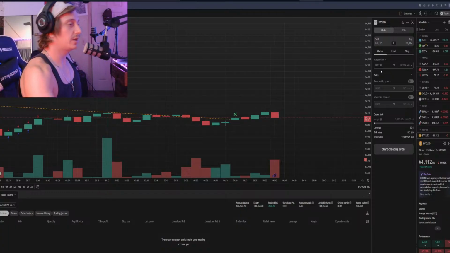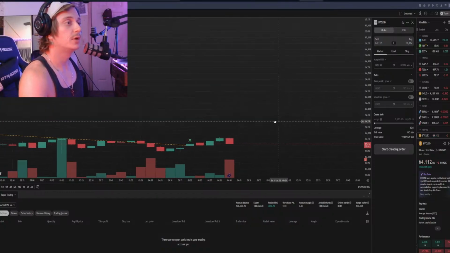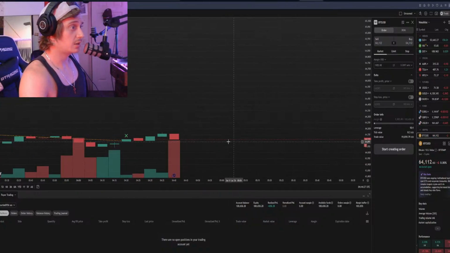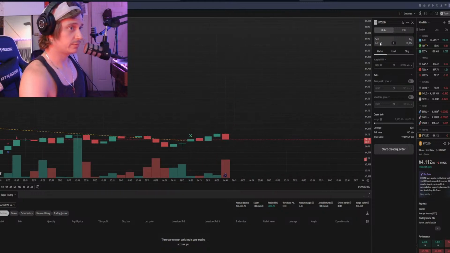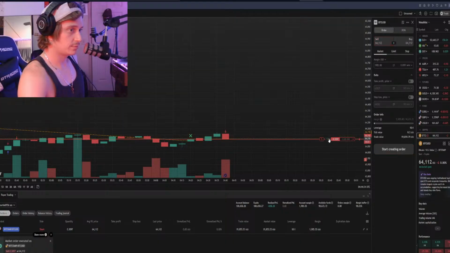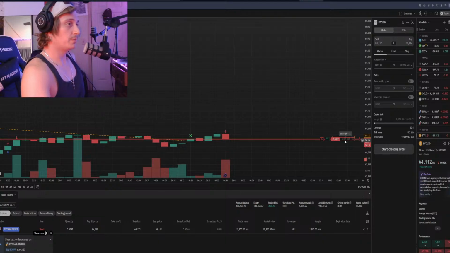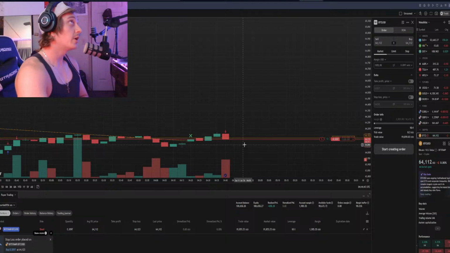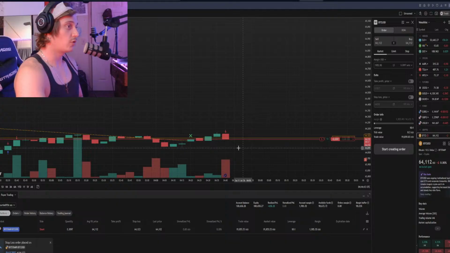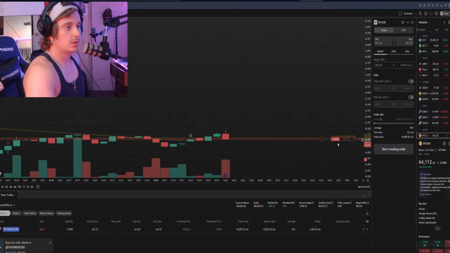So I'll let you guys check this out here. We're about to put in a short because market is falling. So we put in a short, guys, because we got this red candle here growing. It's forming like a tornado.